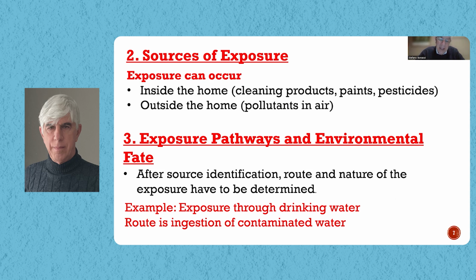And if you remember the list of critical issues from before, one is the identification of the exposure pathway and the environmental fate. And the first point, as I told you, is to identify the source. Then we have to look into the route and the nature of the exposure. That has to be determined. As an example, exposure is through drinking water. So drinking water is the exposure, but what is the route?